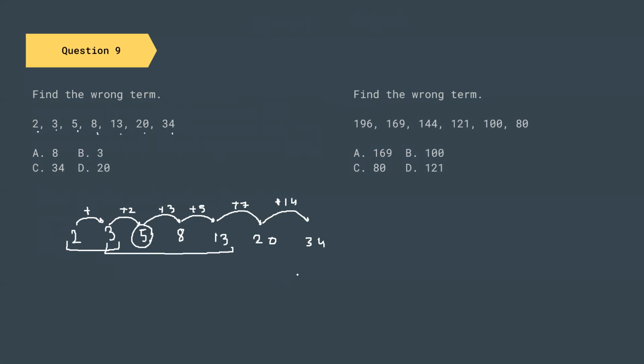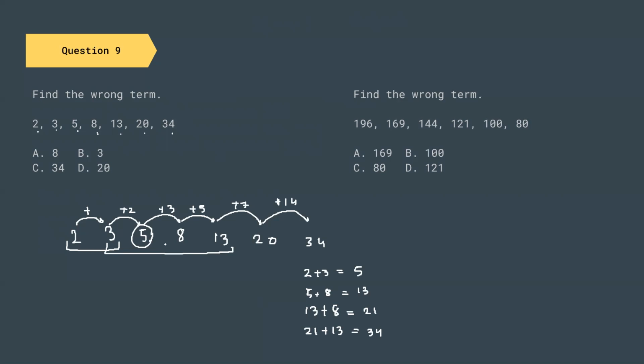So 2 plus 3 equals 5. Then 5 plus 8, we are getting 13. 13 plus 8 should be 21. And 21 plus 13 is 34.